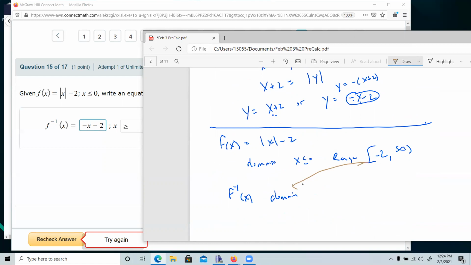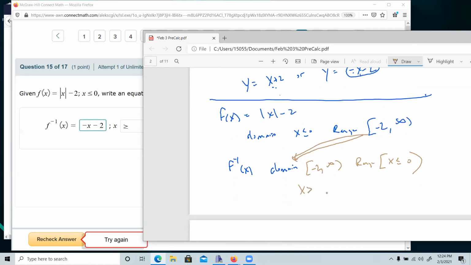So the domain is -2 to infinity. My range here is going to be this piece. It's going to be x. So this to me looks like x must be greater than or equal to -2.